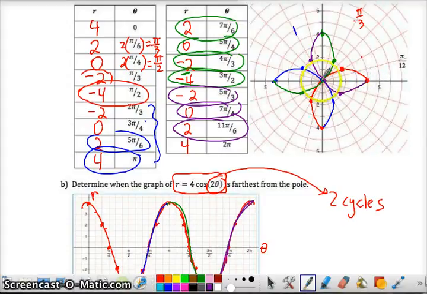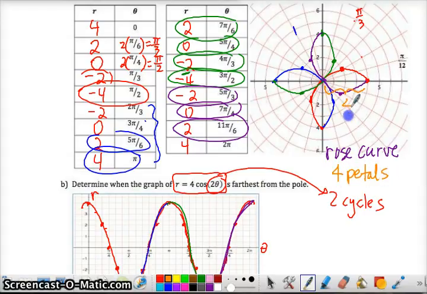So if I made that all one color, we call this a rose curve, right? So it's a rose curve. It has 4 petals, 1, 2, 3, 4, and notice what is the length of each petal. So we have 4 petals, and the length of each petal is 4 units.